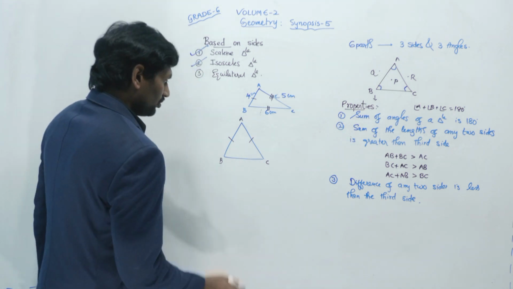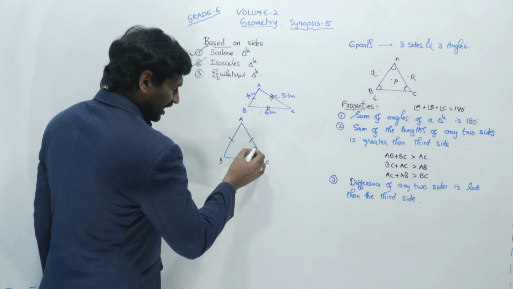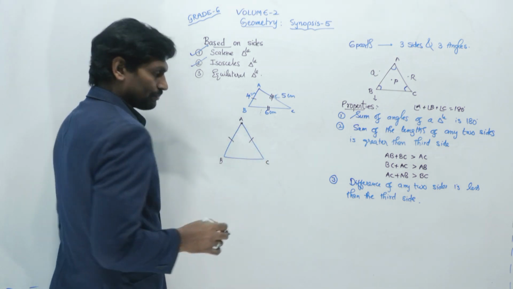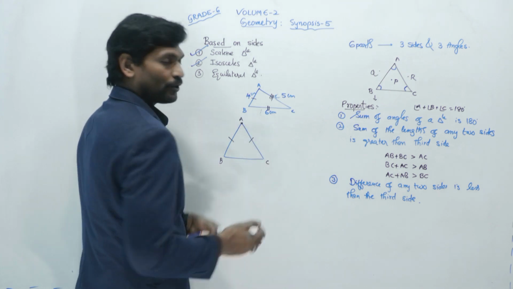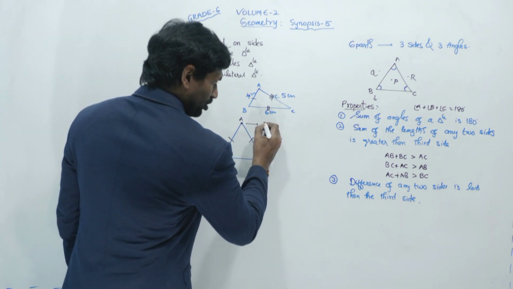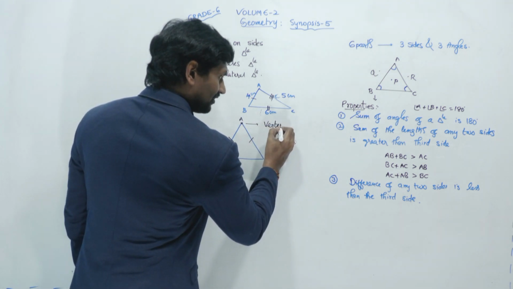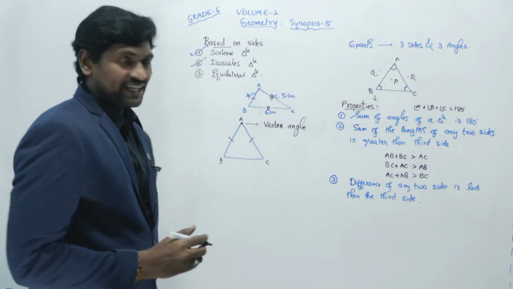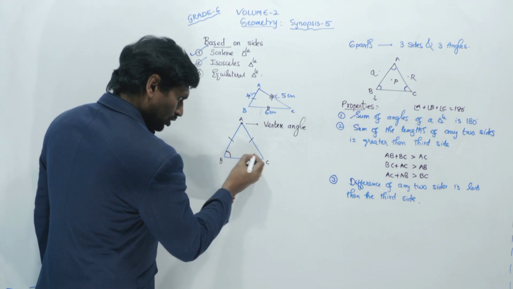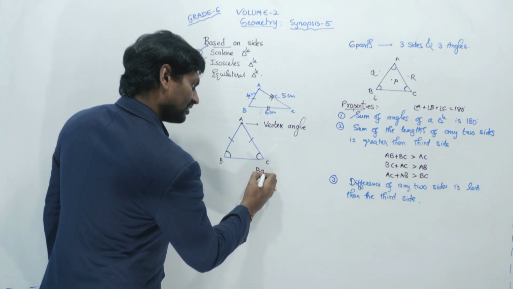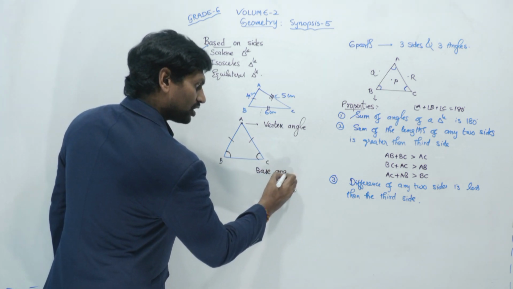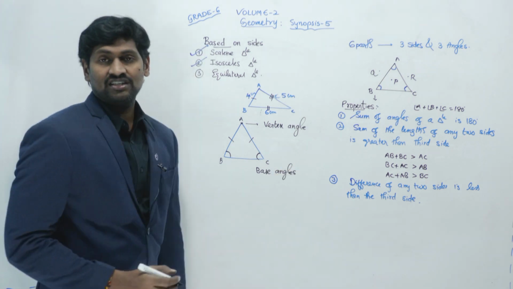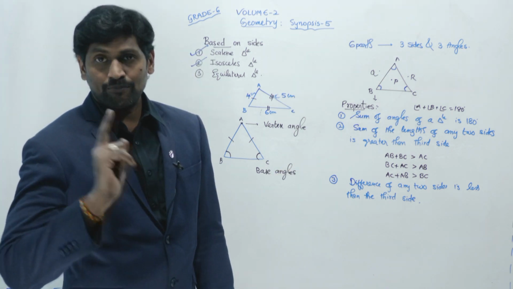Now these two sides are joined at A. That means both sides have a common point A. This A is called the vertex angle, and the remaining two are called base angles. And here you should remember a very important point.